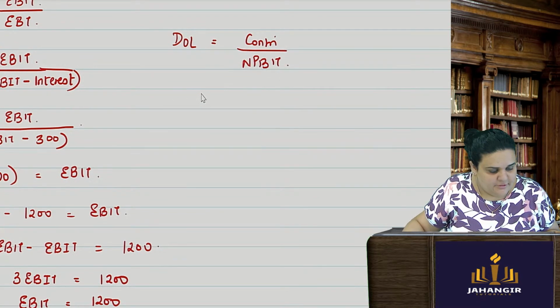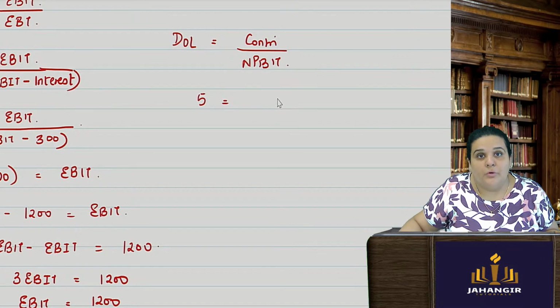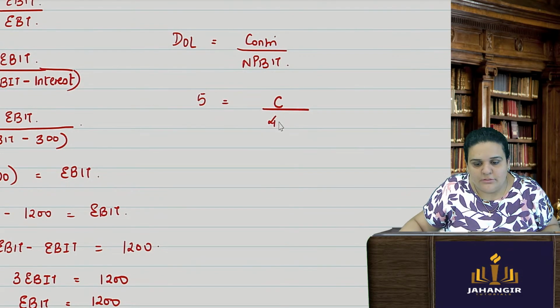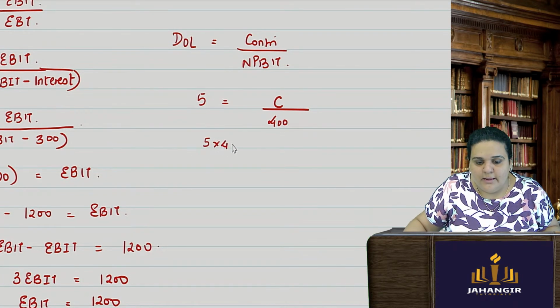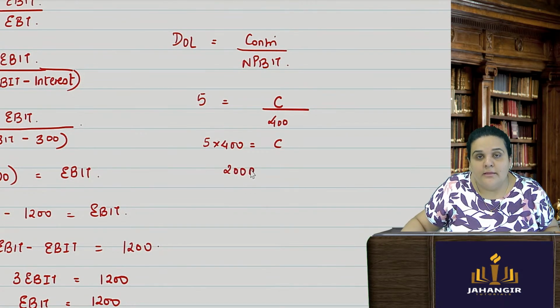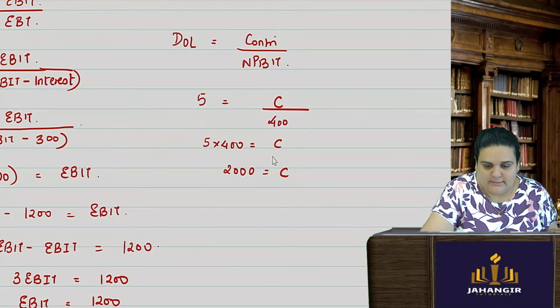Degree of operating leverage they have given me as 5. I do not know my contribution, but now I know my NPBIT, which is 400 lakhs. So 5 into 400 lakhs will give me my contribution. So basically 2000. 2000 is my contribution, 2000 lakhs.